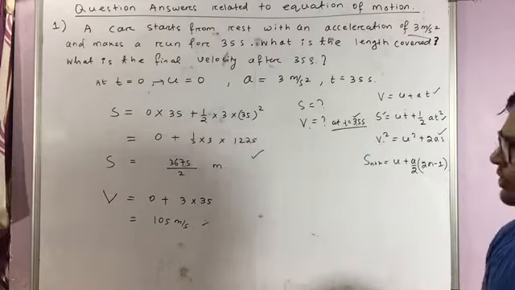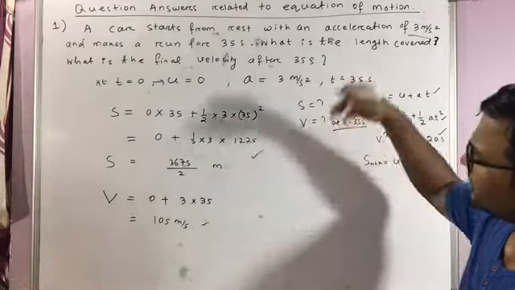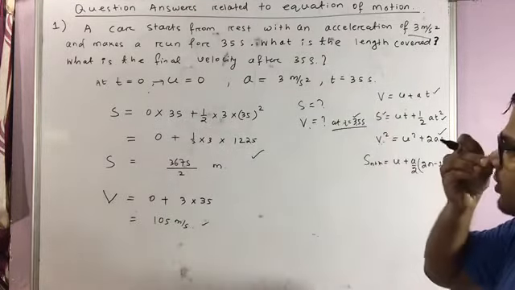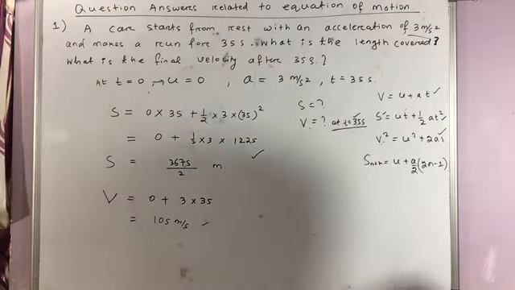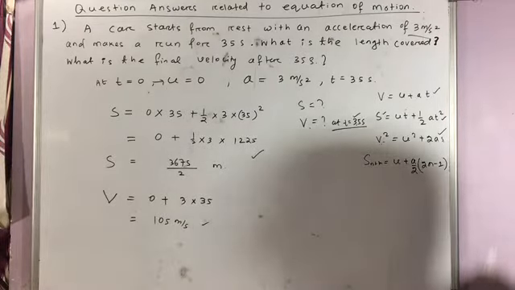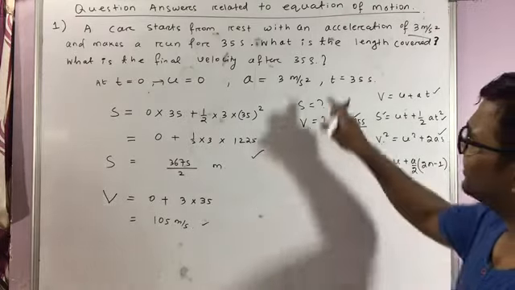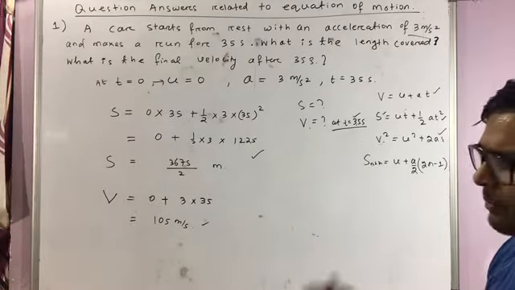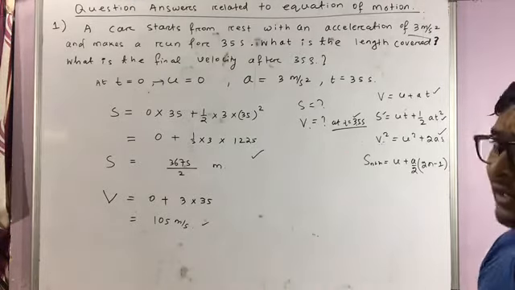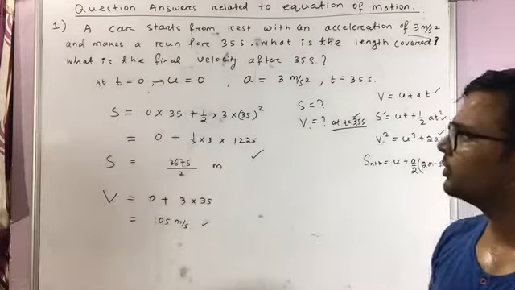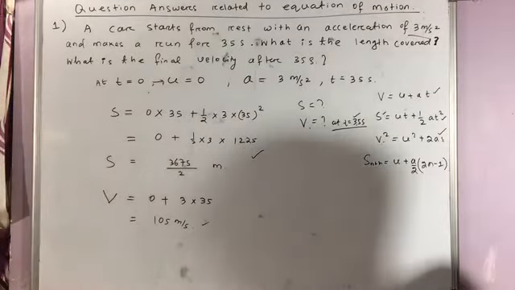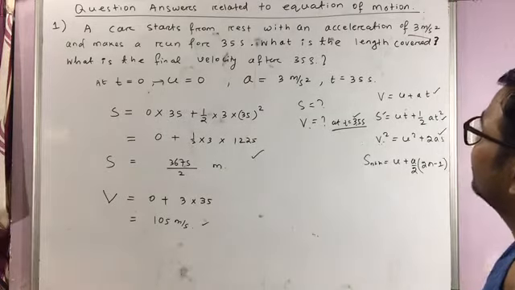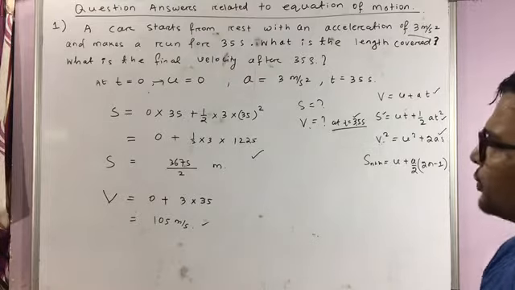This is a very simple question. You can modify this question in another way. Suppose you are asked like this: at 35 seconds the driver applies a brake, so the car comes to a stop, and the acceleration in that case, let's say, is 6 meters per second square.